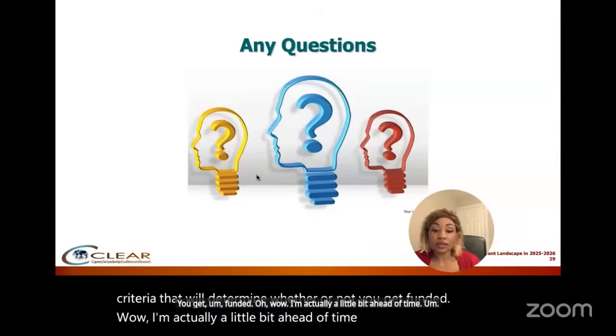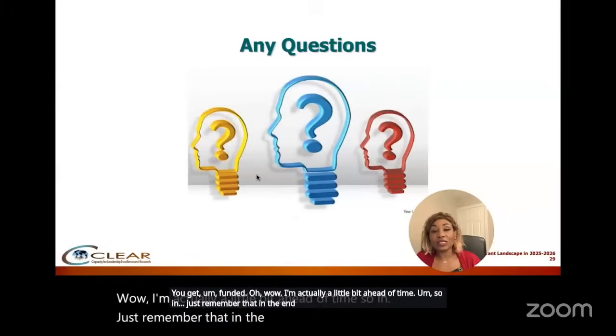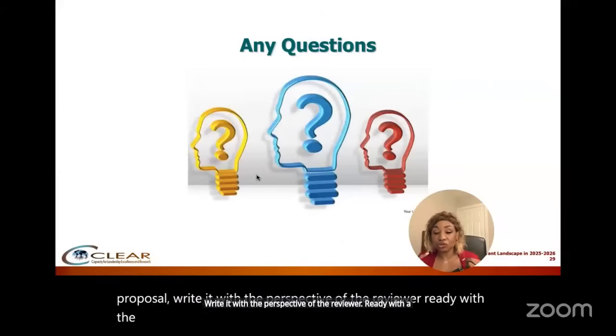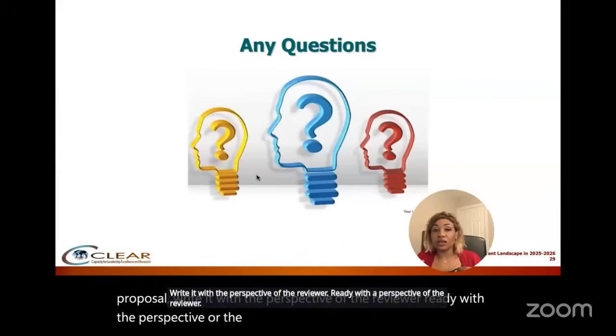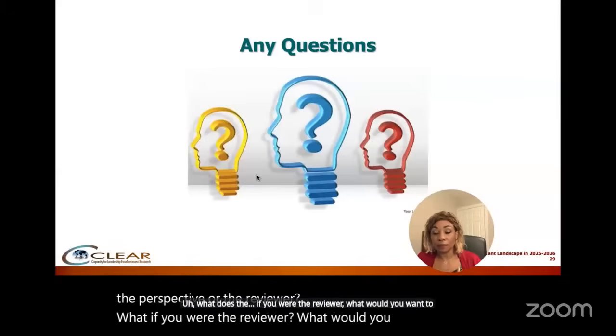So just remember that in the end, when you're writing a grant proposal, write it with the perspective of the reviewer. If you were the reviewer, what would you want to see? And they want to fund the research.